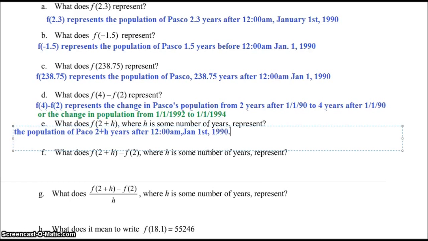So also notice that f of 2 would be 2 years after 1990, or 1992. And then we're adding h years onto that year. So we could say something like the population of Pasco h years after 12 a.m. January 1st, 1992.